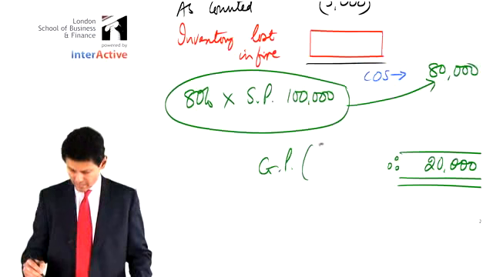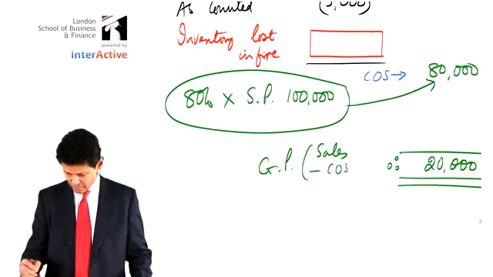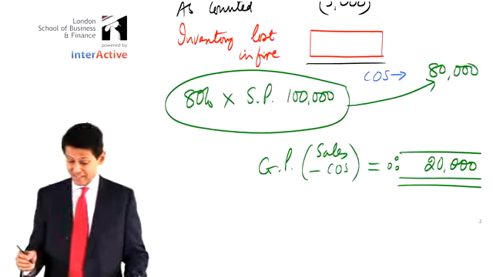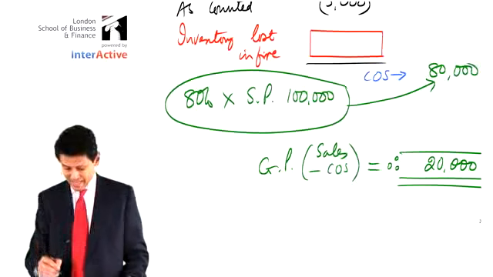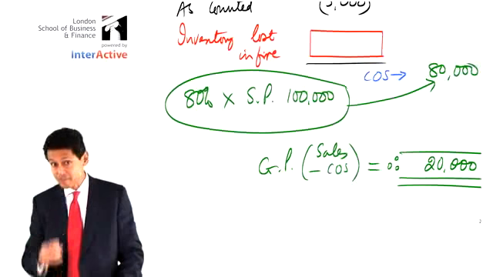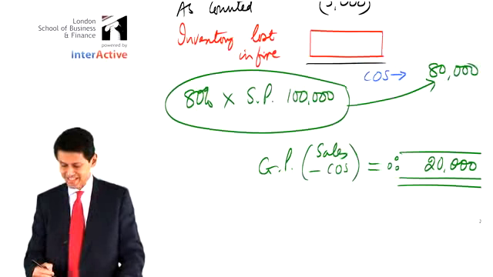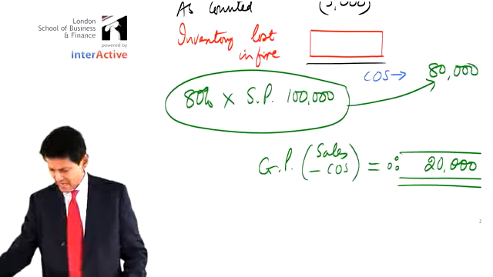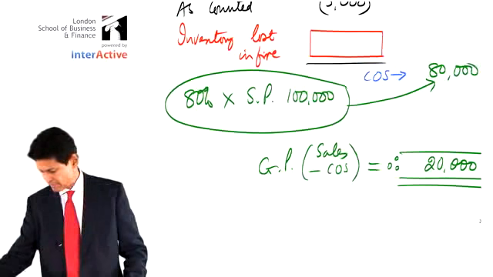In other words, sales minus cost of sales equals profit, I suppose. So if that is 80% of selling price from our initial percentages, and that's 20 and that's 80, you can see how the whole thing is coming together if you're a little bit careful.